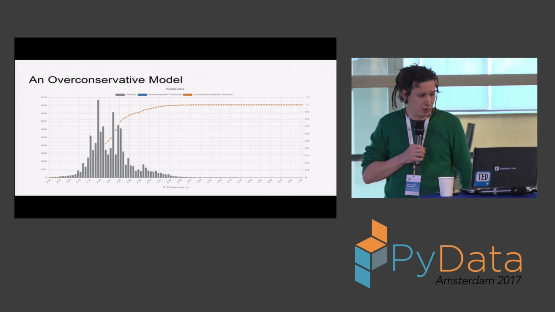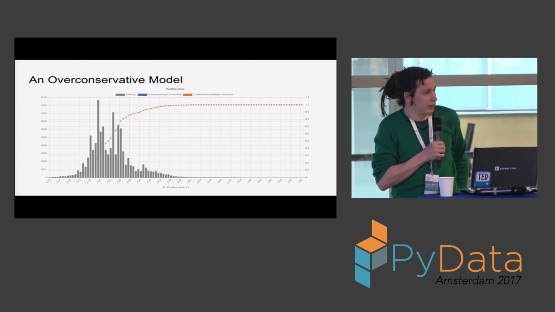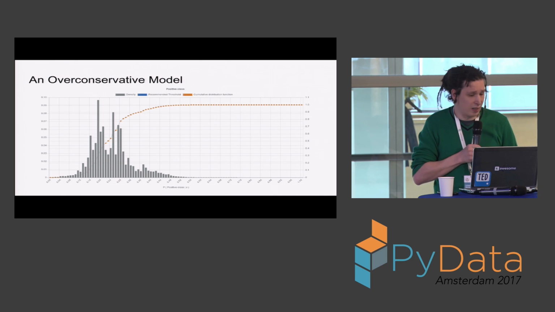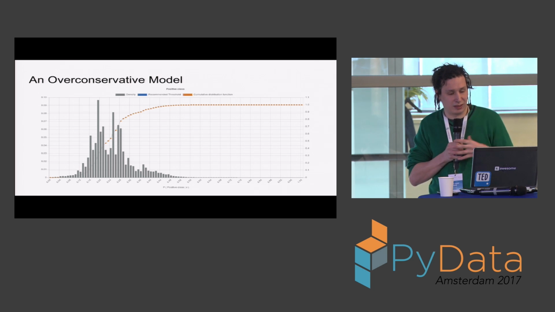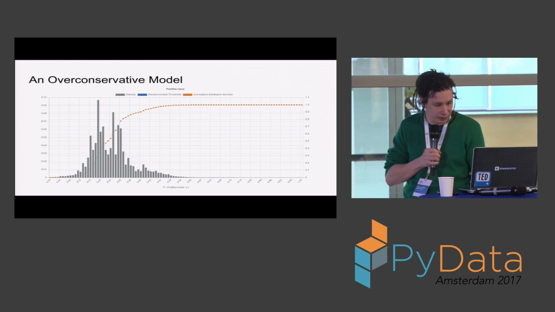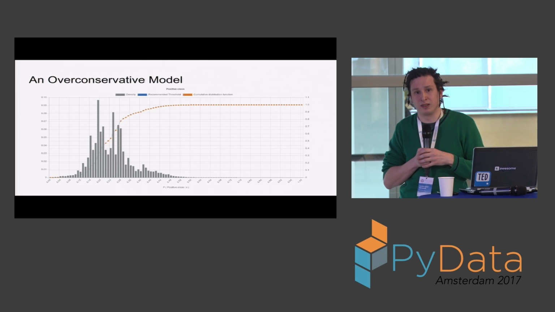If we do that, we might end up with an over-conservative model, which is a model that, again, fails completely to discriminate, but in this case for different reasons. In this case, the model really doesn't manage to output probabilities bigger than 0.52 or something like that. It's very unlikely.